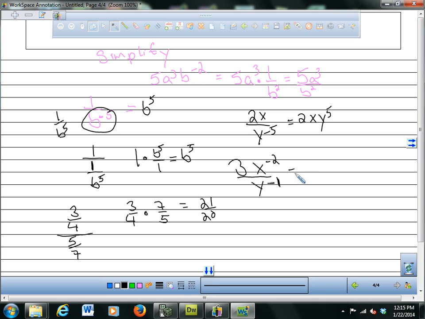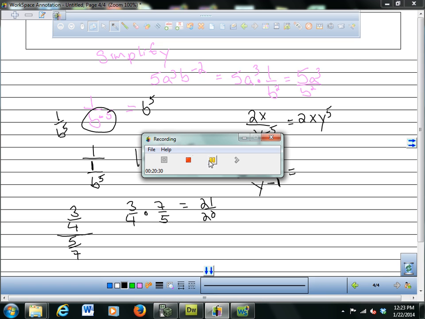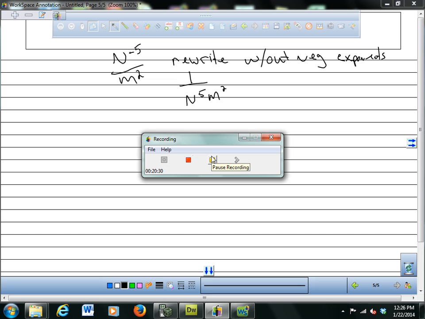Who thinks they can simplify that without any negative exponents? Without any negative exponents. There's big candy involved if you get it right. Then we're going to see one more thing, and then I'm going to let you get started, and then we can help. Okay? So you need to let this saturate your brain a little bit.